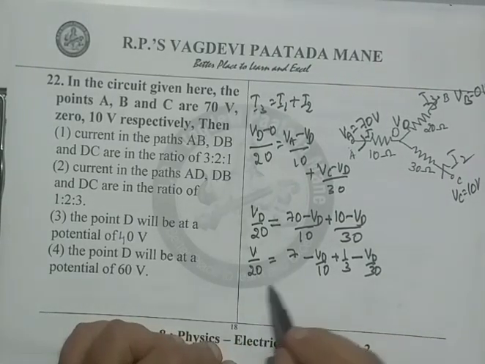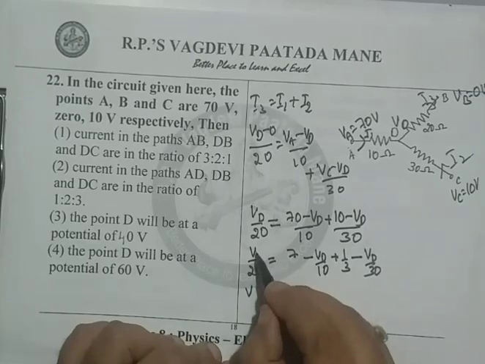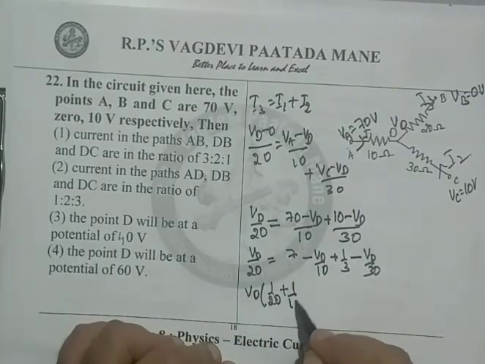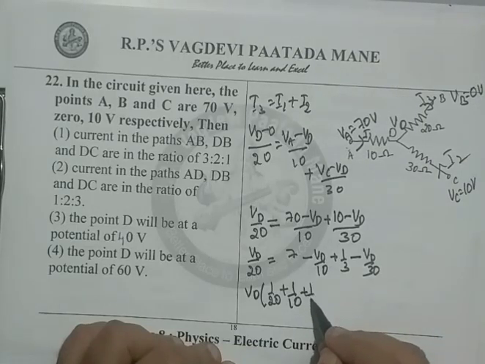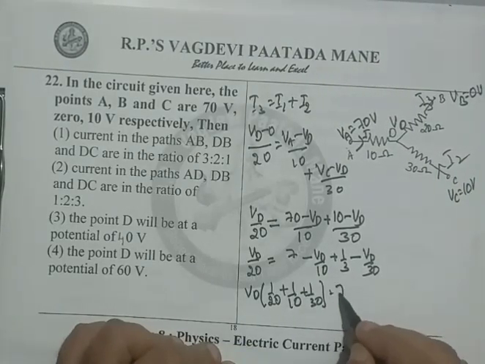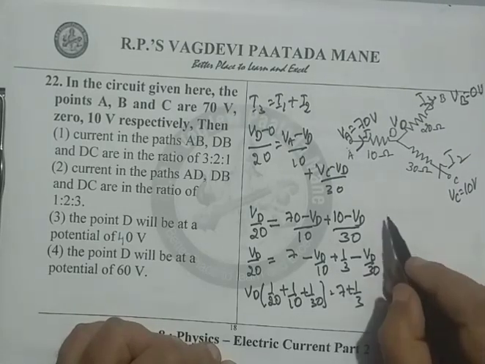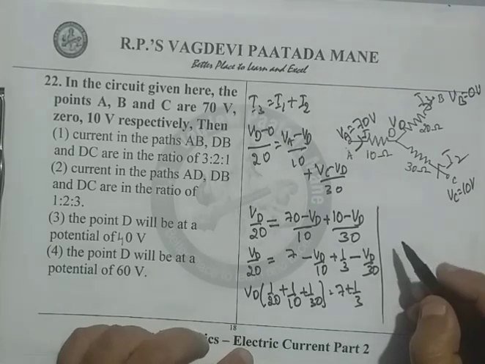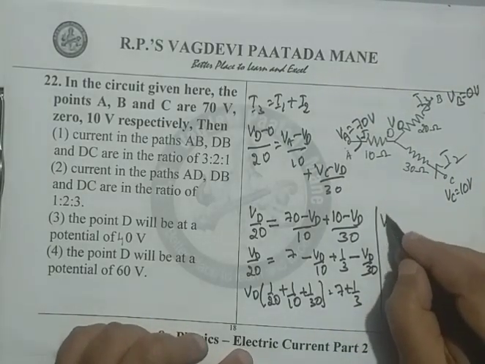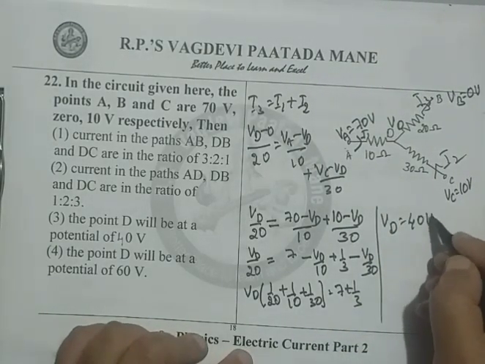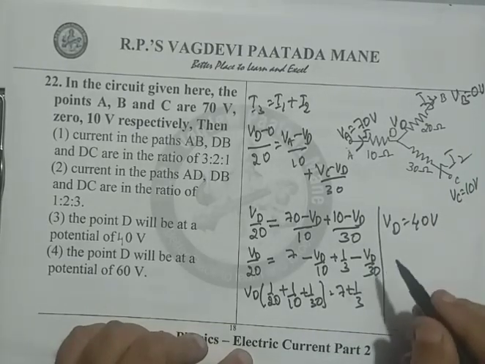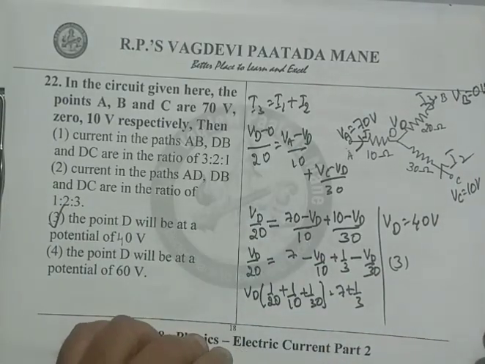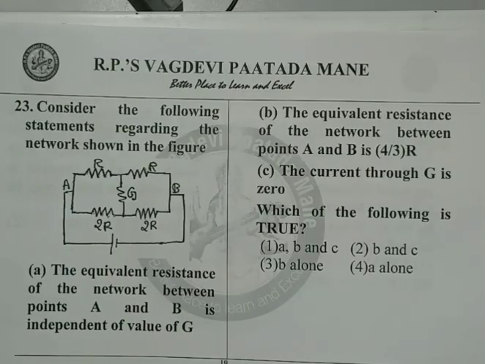If we take all this VD onto one side, VD times 1 by 20, plus 1 by 10, plus 1 by 30, is equal to 7 plus 1 by 3. Now, here if we can simplify it, VD, the potential, will become 40 volt. Therefore, the option 3 is correct. Option 3 is the question number 23.